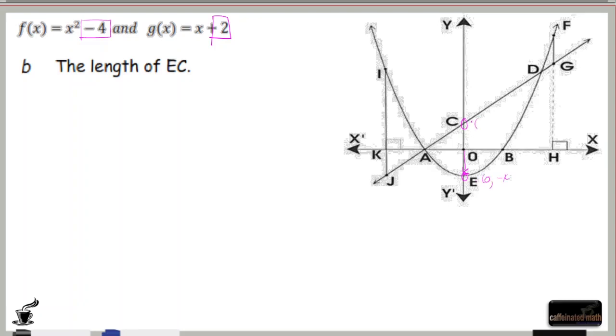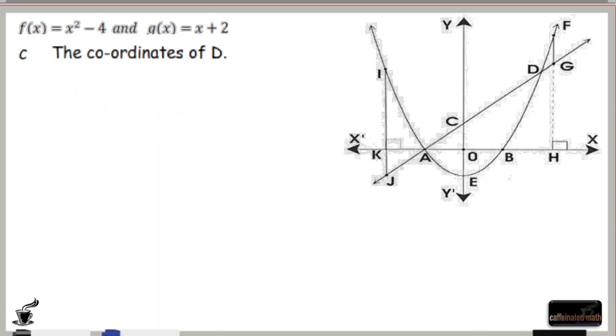So C is at 0 and 2. So EC is just going to be equal to the biggest value, which is 2, minus the smallest value, which is minus 4. So that gives us 6 units if calculated correctly. And to my mind, that's worth 2 marks: understanding the calculation and actually doing the calculation.